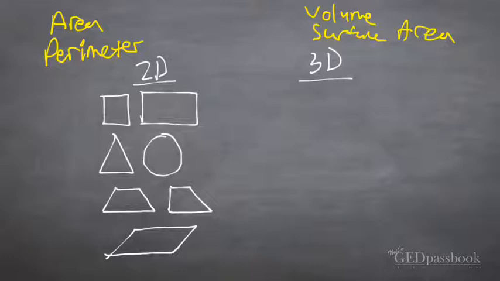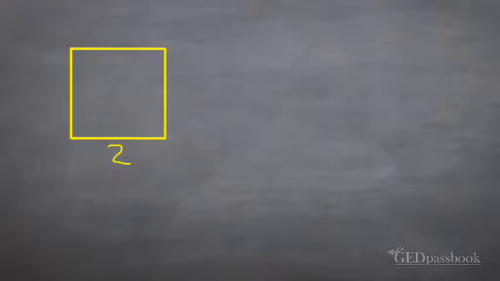All you ever have to do is add all of its outside dimensions. So, this one just has a 2, but because it's a square, you should know that it's 2 all around. Well, tell me, what's 2 plus 2 plus 2 plus 2? 2 plus 2 is 4, plus 2 equals 6, plus 2 equals 8. So the perimeter equals 8.